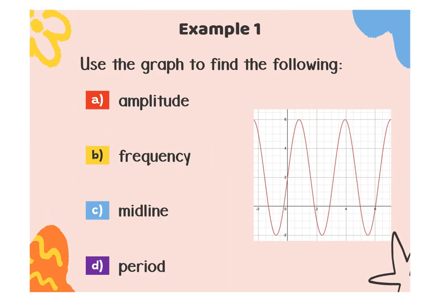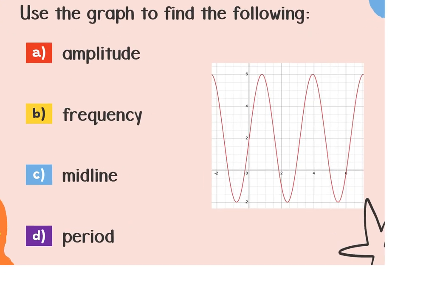Okay. So to find the amplitude on this graph, I'm going to find my max and find my min. 6 minus a negative 2 over 2, 8 over 2, which is 4. I'm going to go to the midline and then the period, and then I'm going to go back up to frequency.